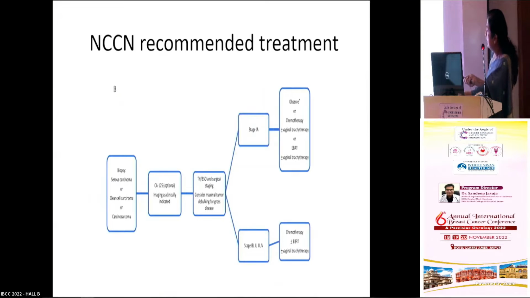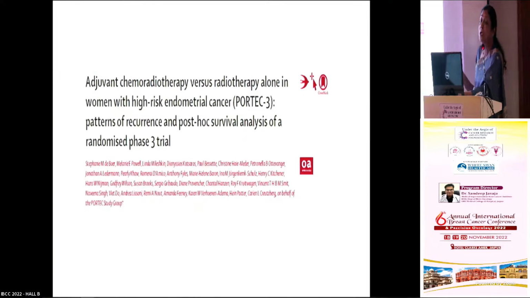So these are, just to complete the list, these are the type 2 or serous carcinoma, clear cell carcinoma and carcinosarcoma, where in stage 1A, you can either observe or give systemic therapy with or without RT. In rest all stages, chemotherapy with or without RT. But these are not included in the endometrioid NCCN.